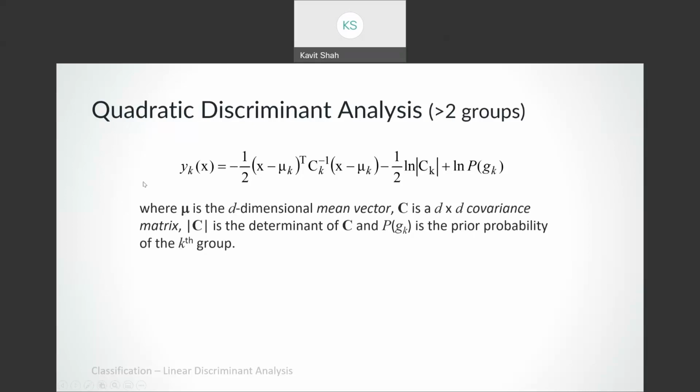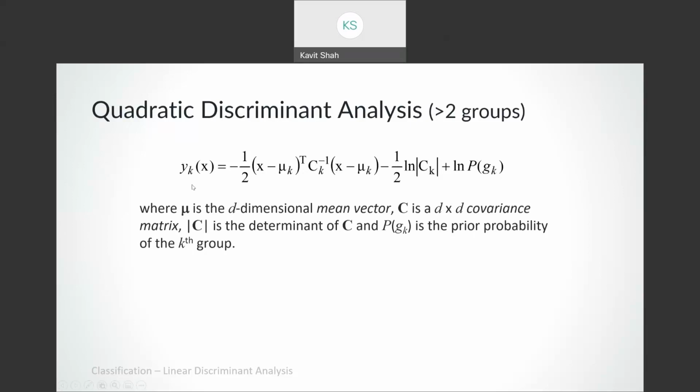So we could use a simple formula, yk of x, that is the z value, or we could say the score function, as minus 1/2 (x minus mu k) transpose Ck inverse (x minus mu k), minus half ln of the determinant of Ck, plus ln probability of group k, where Ck is basically the covariance matrix for that particular class.